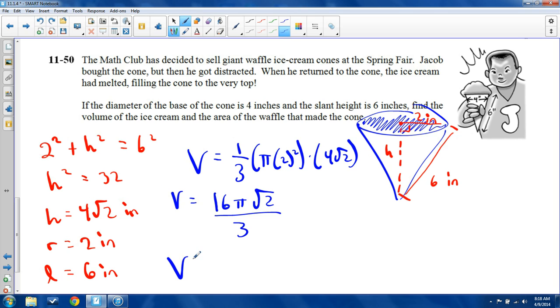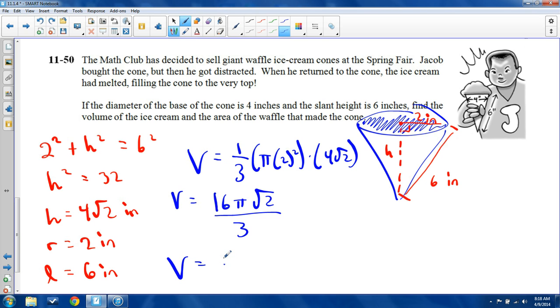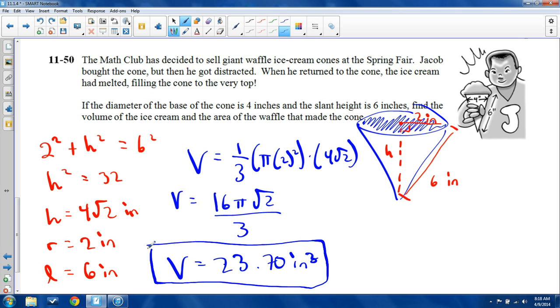I'm going to use the calculator for this one because that exact answer does not look that great. 16 times pi times square root of 2 divided by 3, and I get a volume of 23.70 cubic inches of ice cream. Dang, that's a lot of ice cream.